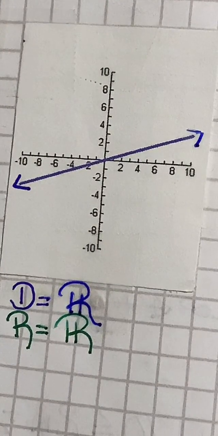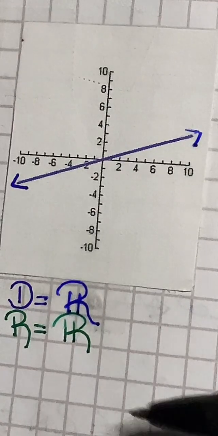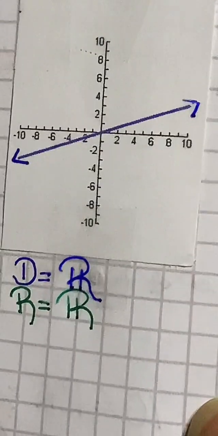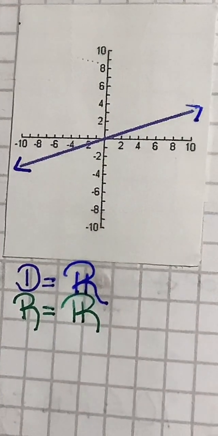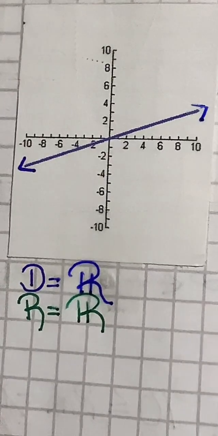So anytime you get a straight line and they ask for domain and range, all real numbers. Every single solitary time. It's not going to switch up in this situation or that situation. All real numbers.